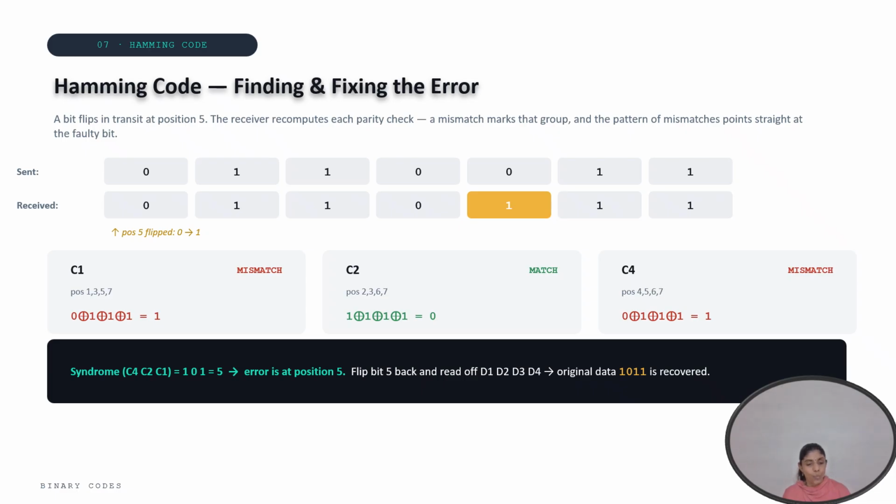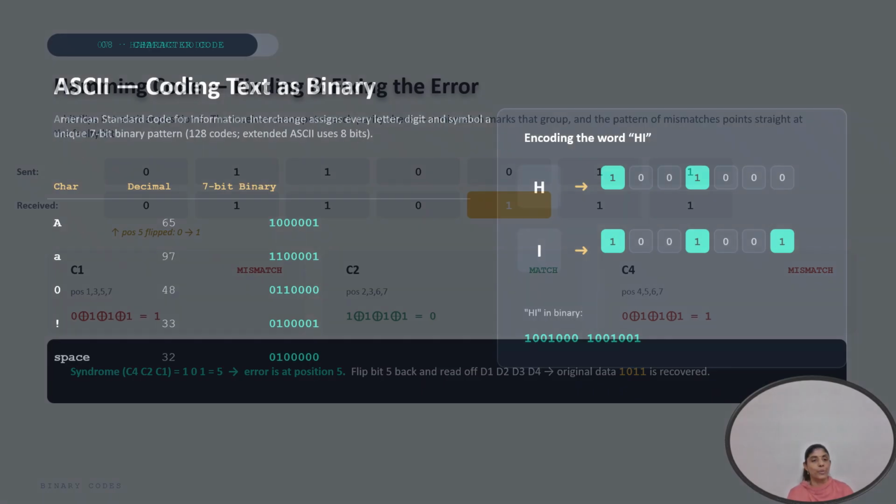C1 is 1, C2 is 0, C4 is 1. So 1, 0, 1 is 5, which means the fifth position is in error. Flip it back and read the recovered value as 0, 1, 1, 0, 0, 1, 1. This is how we find and fix the error using the Hamming code.